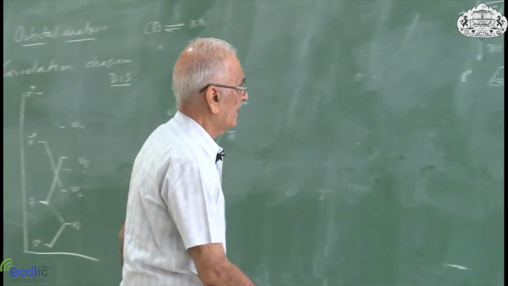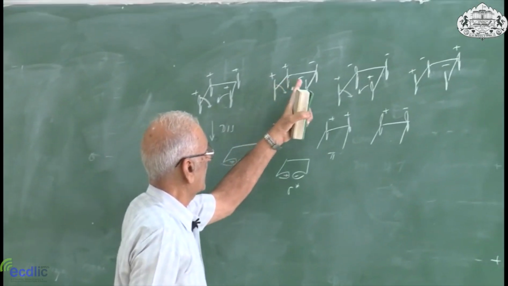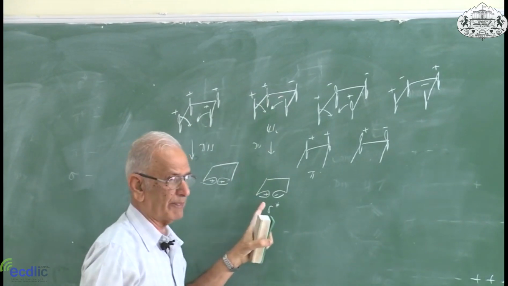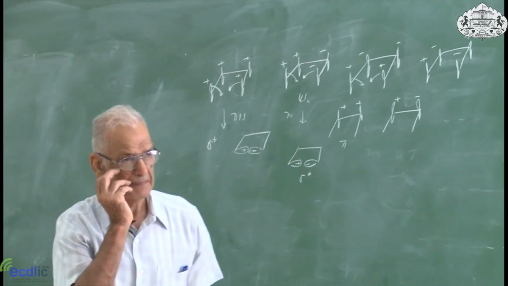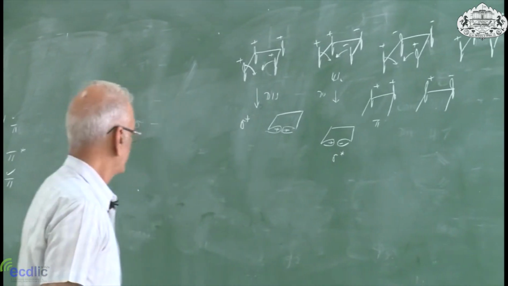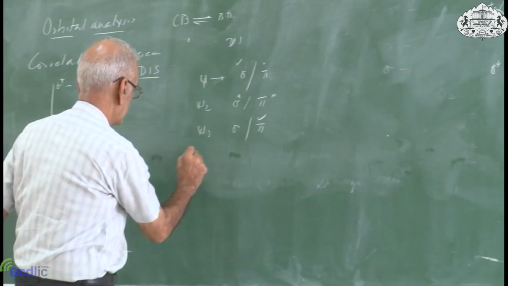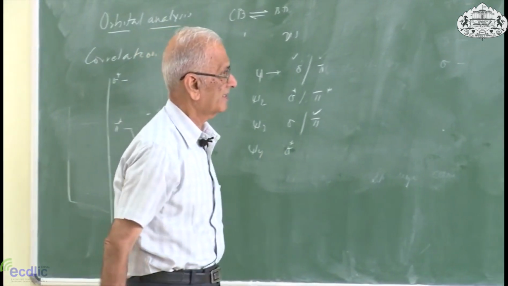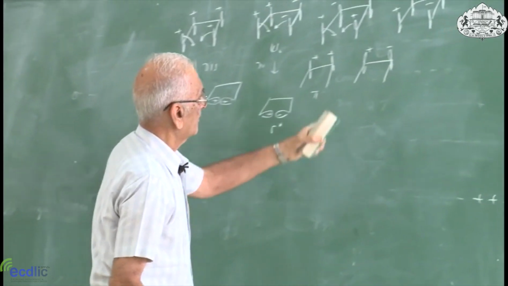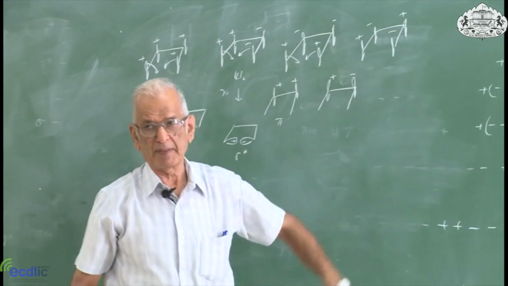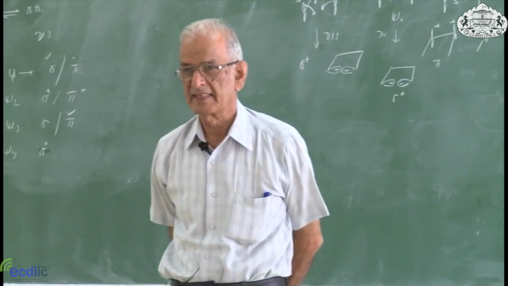When I look at sigma star, picture is like this for the end orbital, plus and minus, this rotatory process will give me correlation with sigma star. So, psi 4 will correlate with sigma star. When I look at middle orbitals, they have opposite sign.